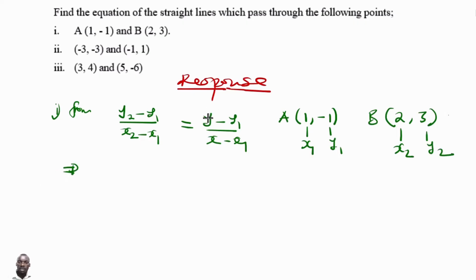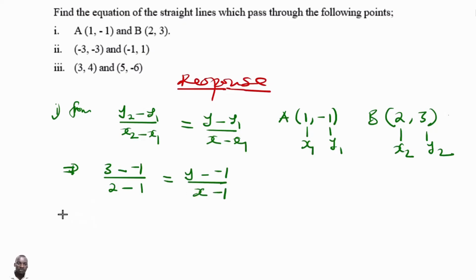Where y is just an arbitrary value or arbitrary points in the Cartesian plane. So y2 is the 3 minus the y1, which is negative 1, divided by x2, which is 2, take away the x1, which is 1, should be equal to y minus negative 1, then divided by x minus 1.